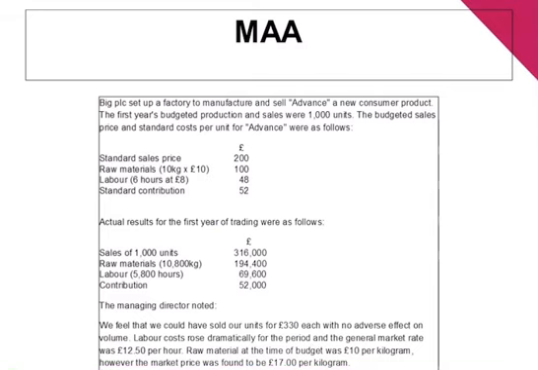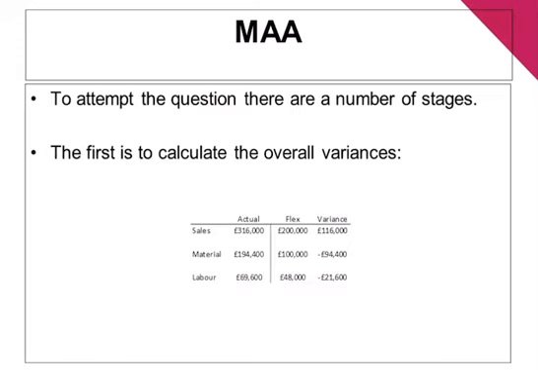The first thing to do is to calculate the overall variances. So again, that's just simply sales, materials and labor. I'm not going to go into these because you should be able to do them with no problems yourself now. And you should be able to work out where I've come from with those flexed budgets.